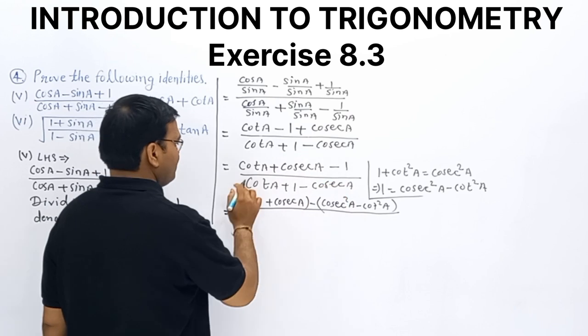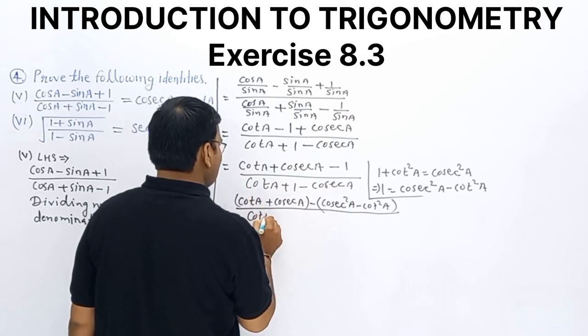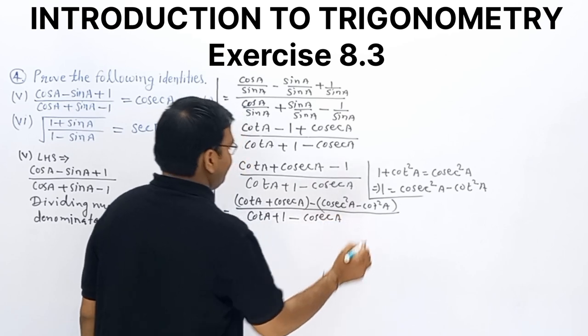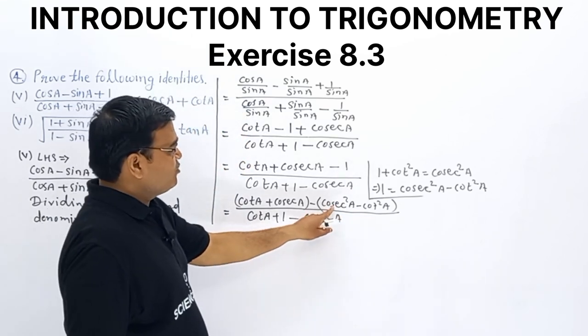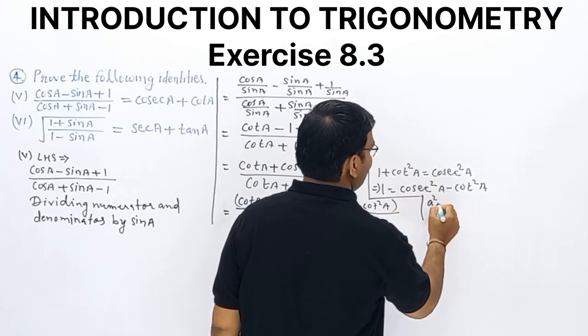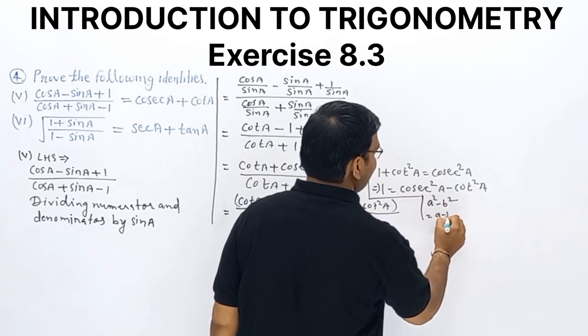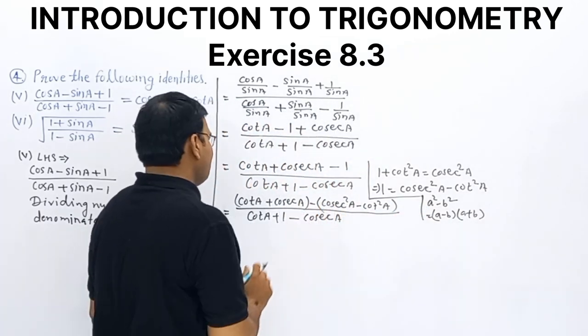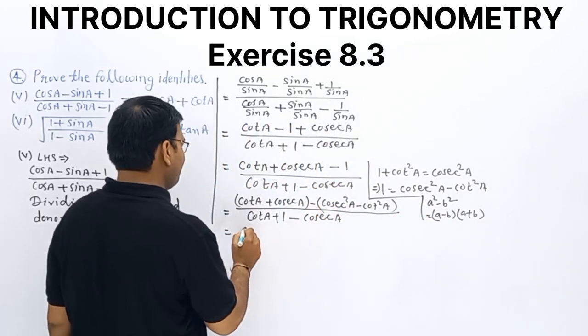In the denominator we will write as it is, cot A plus 1 minus cosec A. Now expand this one, A square minus B square form. This can be written as A minus B into A plus B, so I am applying this algebraic identity.